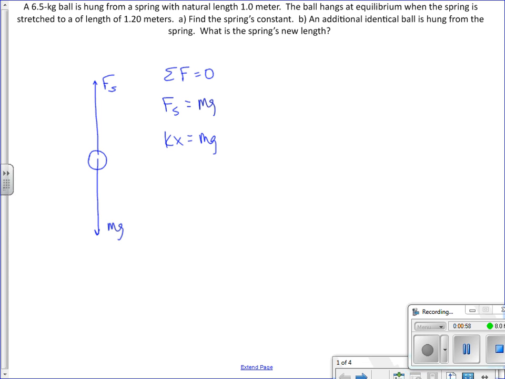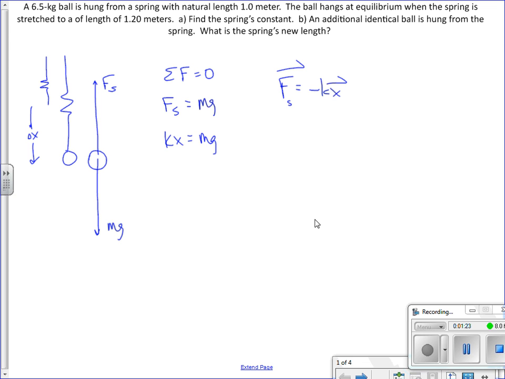Now, remember, we said that spring force is negative kx, but that's when we are considering the fact that normally the spring is by itself up here, and then we hang a mass from it, and it's displaced that way.